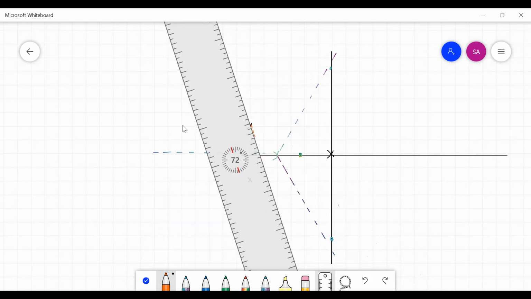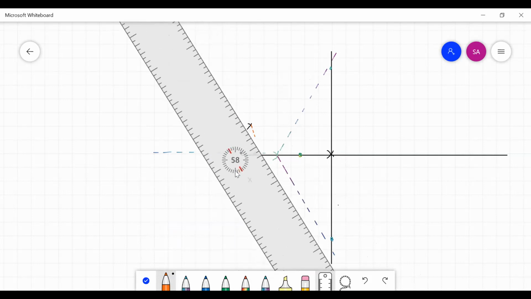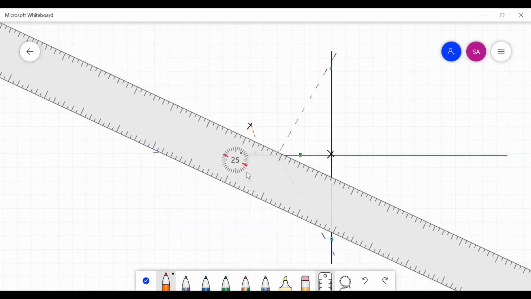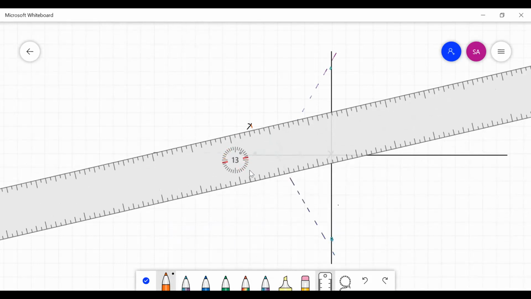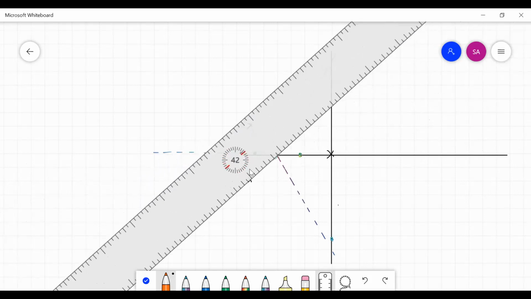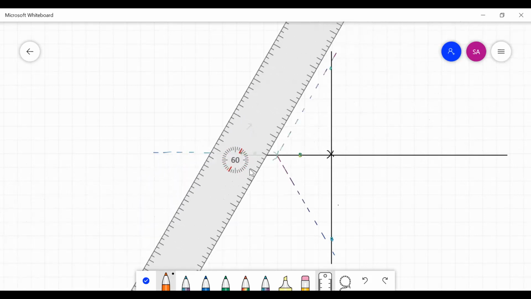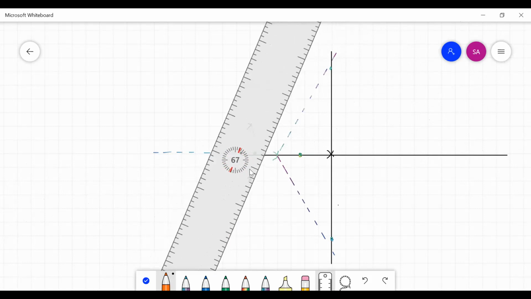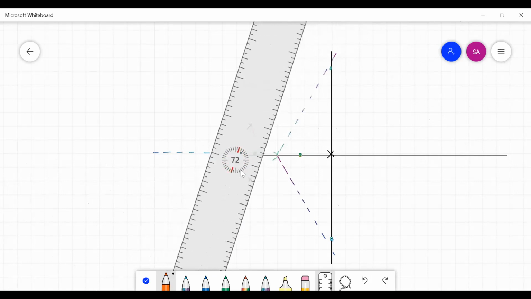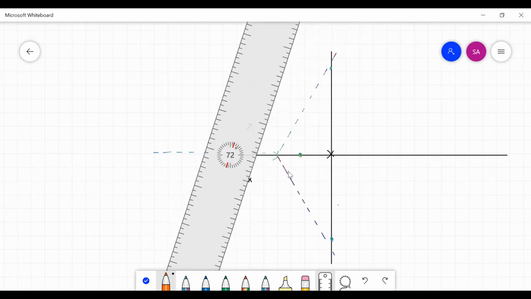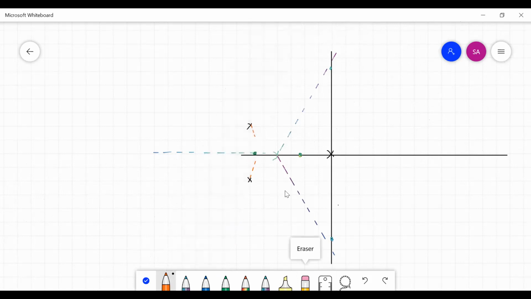And for this one, it will be like this. So we have the two angles of departure now.